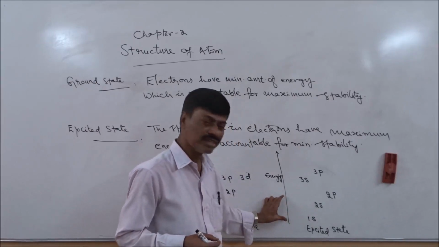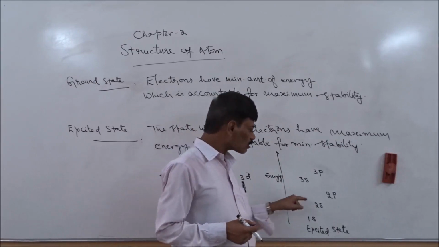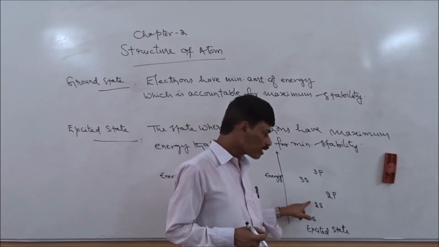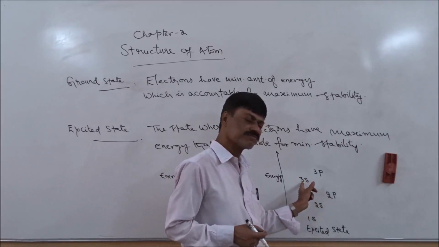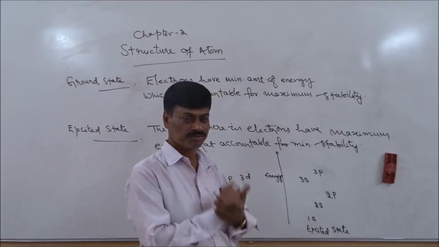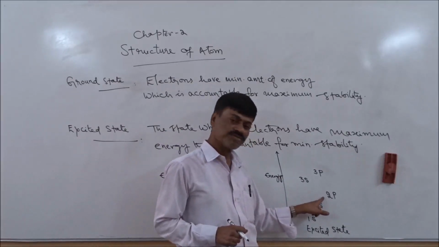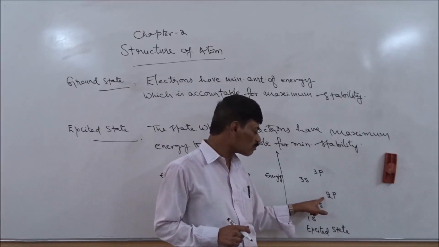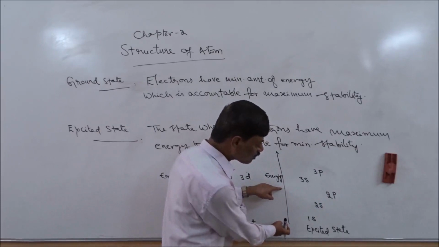Means energy is increased. Again, if we give energy, the electron present in 2s can take jump to 2p or it can take jump to 3s, depending on how much energy we are going to give. So, electron may take jump from 2s to 2p. Then also the energy possessed by the 2p electron will be this much from the origin.